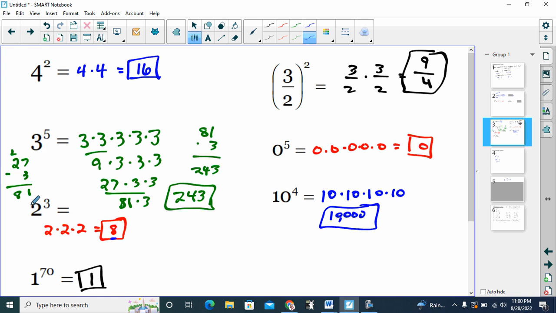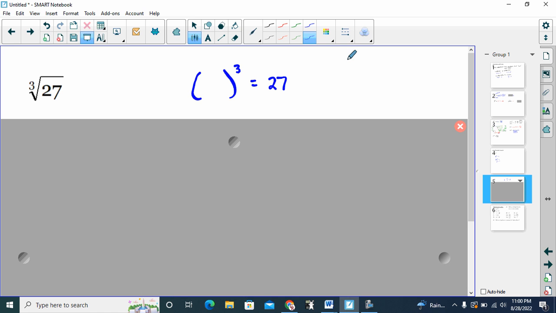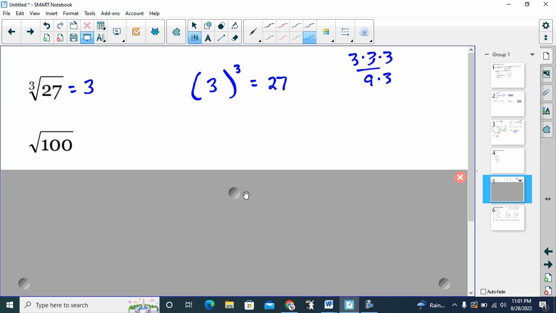So I know the number needs to be bigger than 2. So let's try 3. 3 times 3 times 3. Well, 3 times 3 is 9, and 9 times 3 does give me 27. So because 3 to the 3rd is 27, the cube root of 27 is 3.